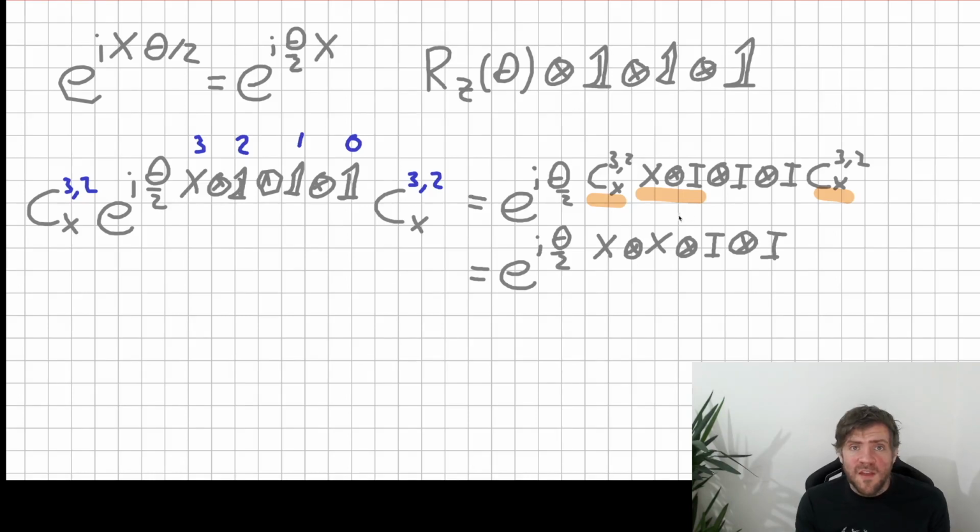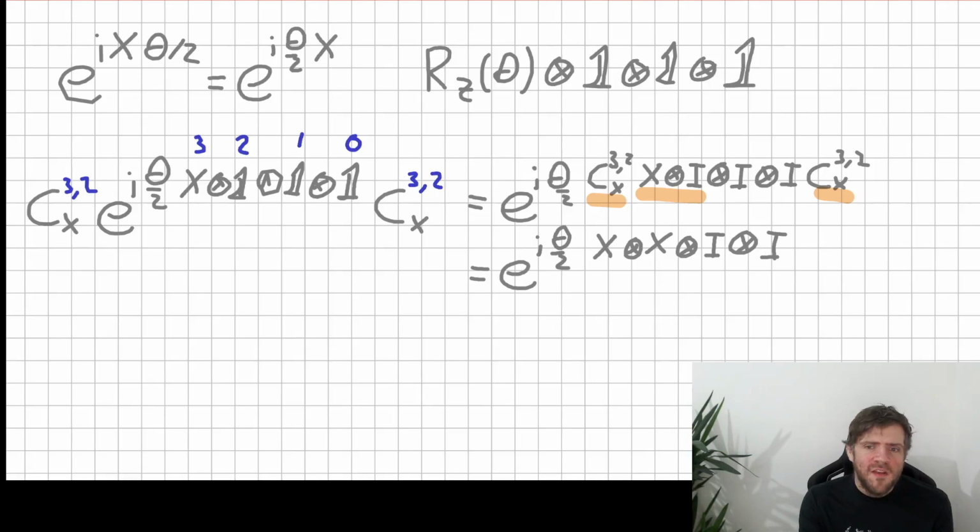Now this is not the same as doing this rotation independently on both qubits, because in that case we would get lots of terms with lots of different things in. Instead, this is an entangling operation. This is an operation which entangles those first two qubits, or the qubits numbered 2 and 3.